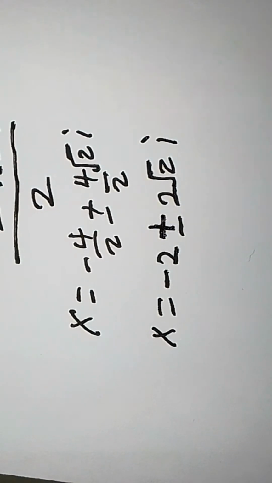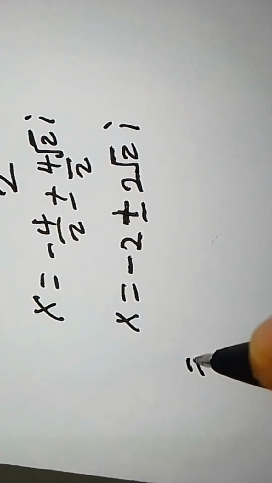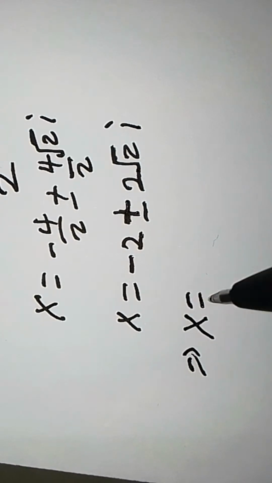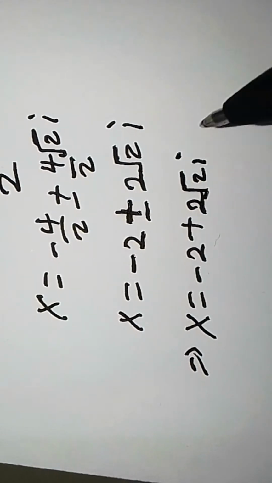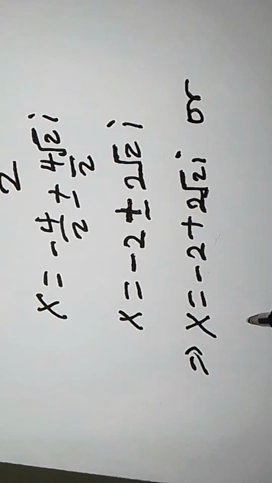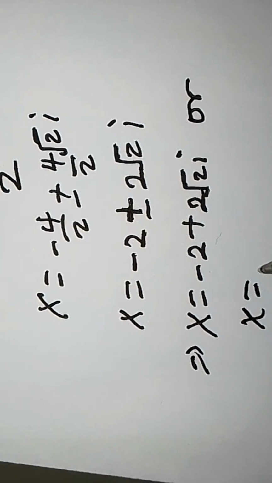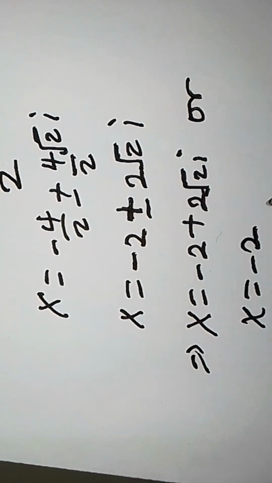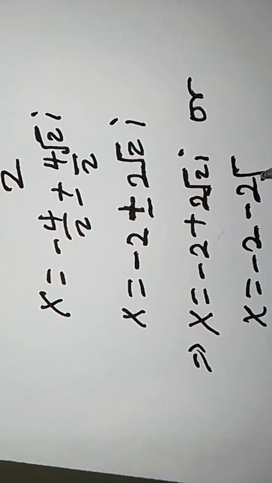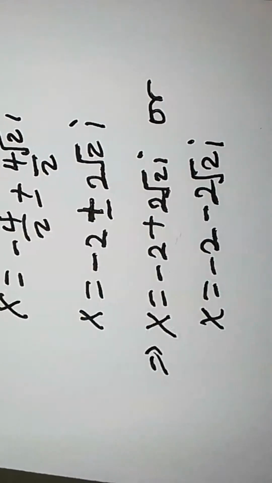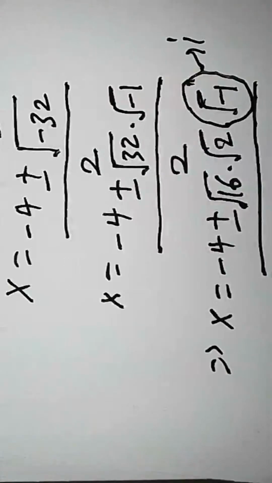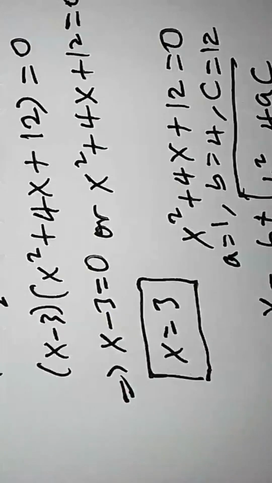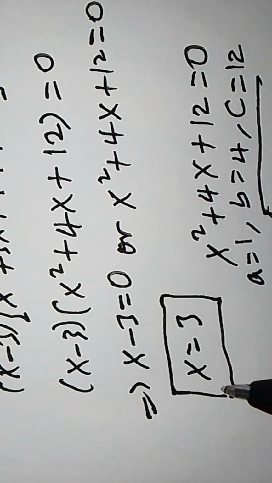This now means that x is either equal to minus 2 plus 2 root 2i, or x is equal to minus 2 minus 2 root 2i. You will see that we have two complex solutions, this guy and this, and we have only one real solution, which is x equal to 3.